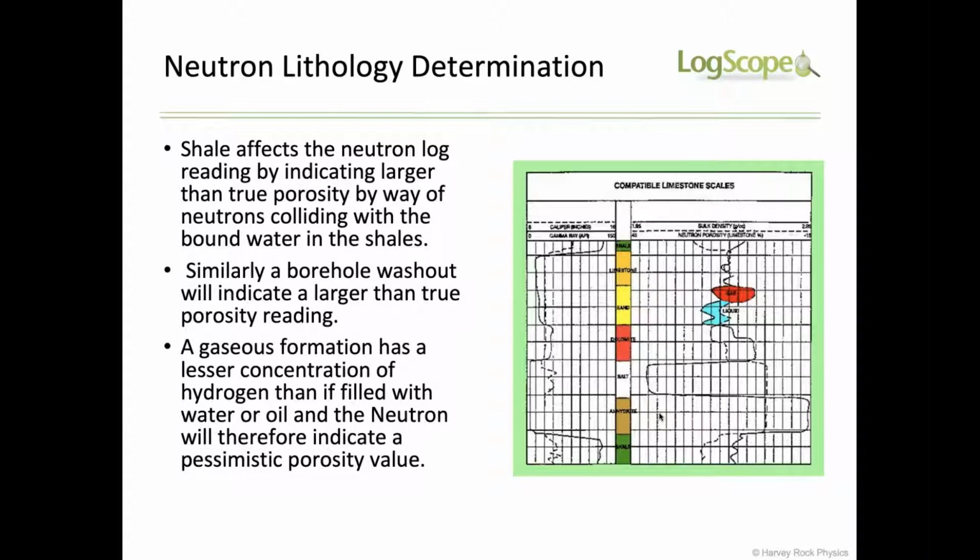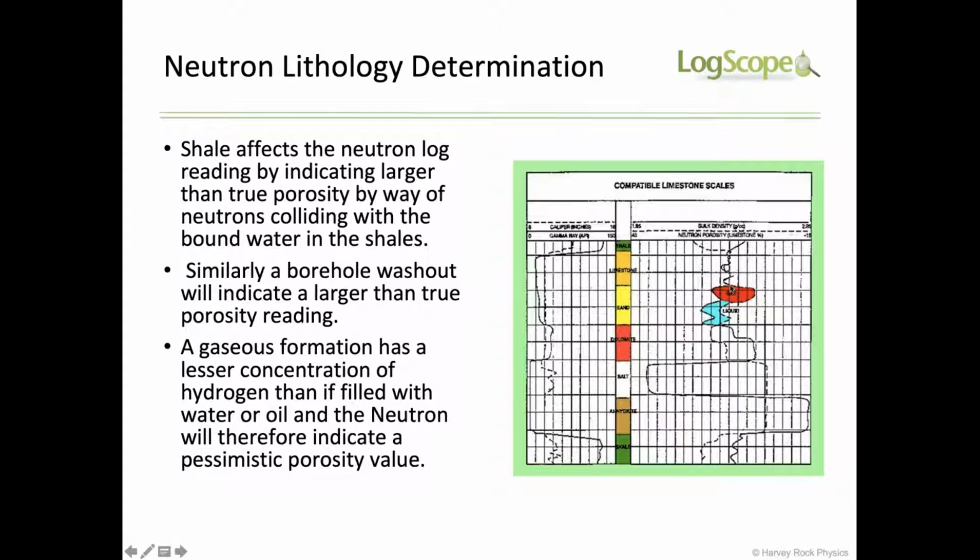And here we have the neutron lithology determination. And in this case, we're showing here that we've got compatible limestone scales, and in the limestone, the compatible limestone scale shows the density and the neutron overlaying each other.